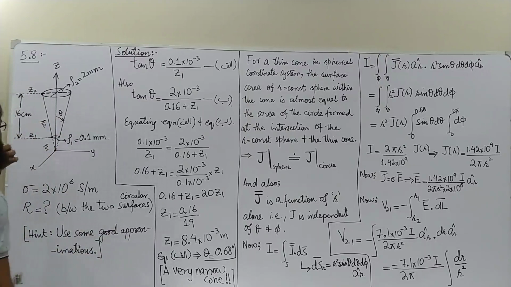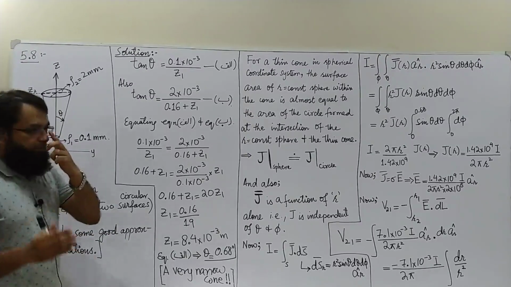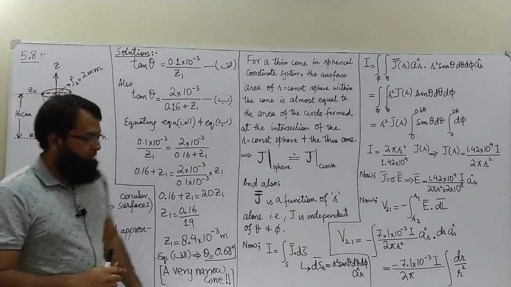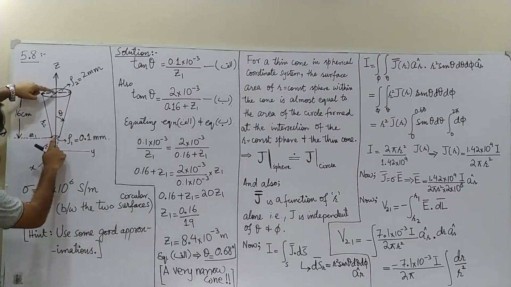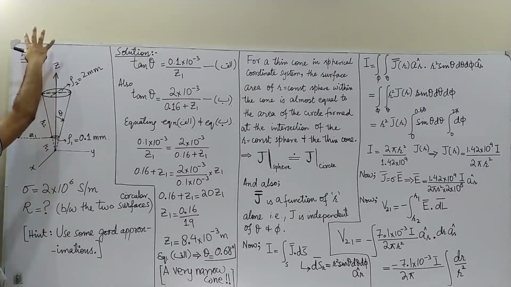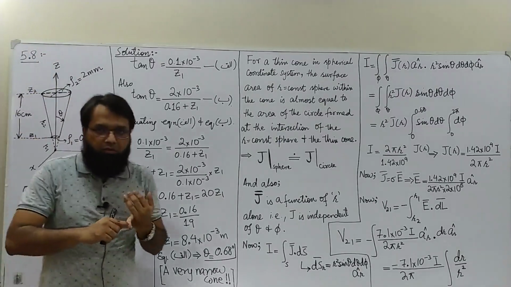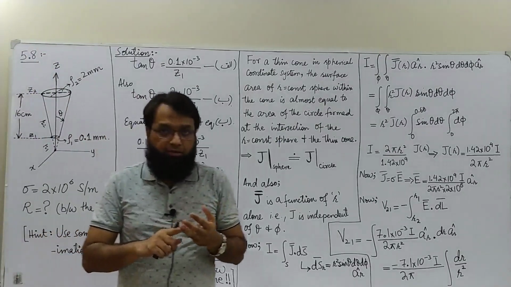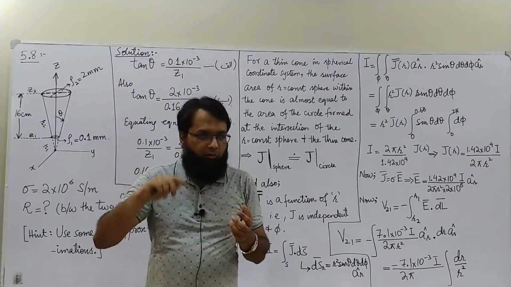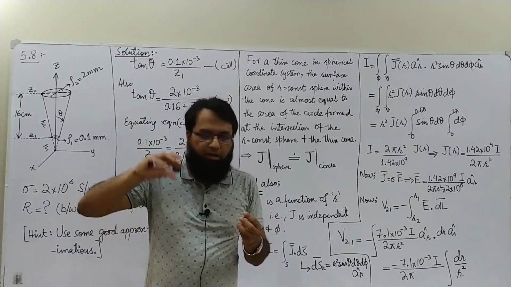So now definitely, if we want to find resistance, it is voltage divided by current. So the potential difference between these two faces and the current which will be flowing through here should be known. It means that at least we should know current density to find current using equation number 1, which I have been talking about previously.